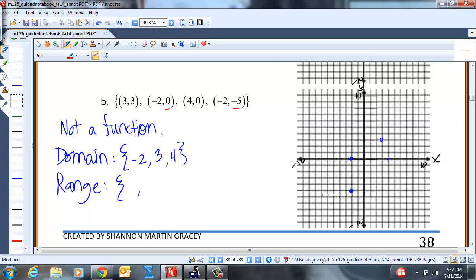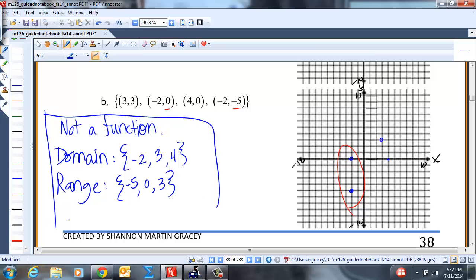So again, same result, just a different location. So our range has -5 as the minimum, and then we have 0 and 3. Okay. So moving right along.